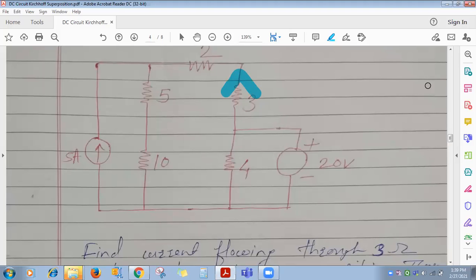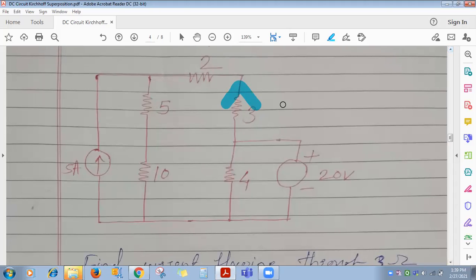Through this load resistance R_L, when all the sources are there, you mark the current direction. I mark it upward. You can mark downward also.